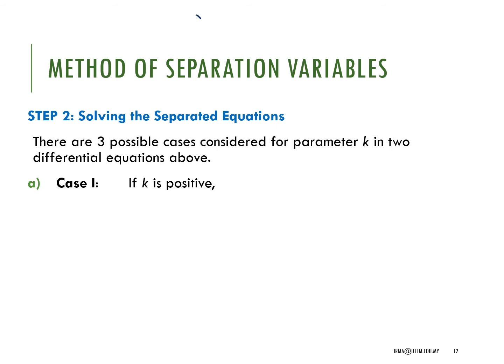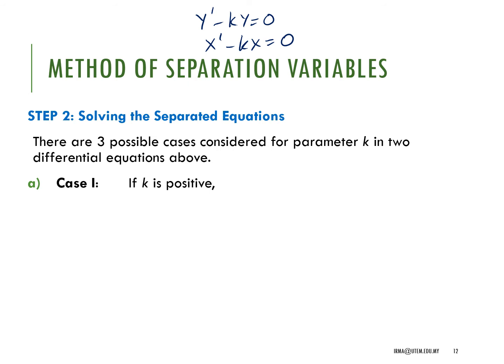Just now we have the equation y prime minus ky equal to 0, and another equation x prime minus kx equal to 0. We do not know the value of k, so k can be in three cases.